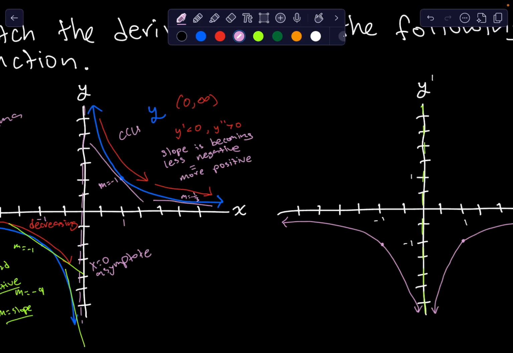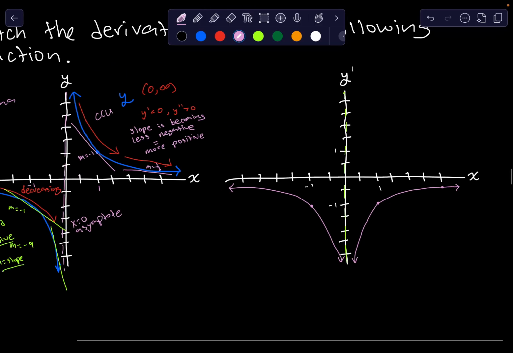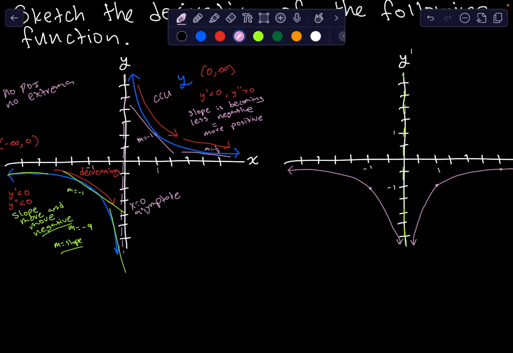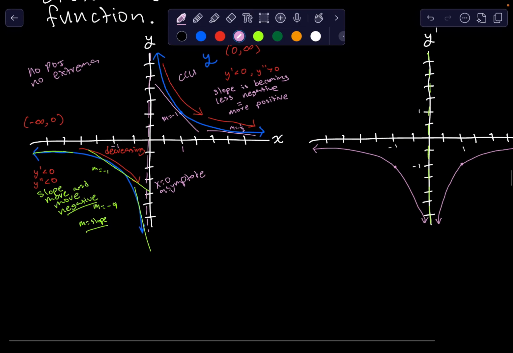And then just to kind of reconfirm, we don't have any critical points. We don't have any points of inflection, but we were able to do this one by understanding concavity, understanding obviously y double prime as I just said, and y prime, and just kind of estimating the slope at certain points.